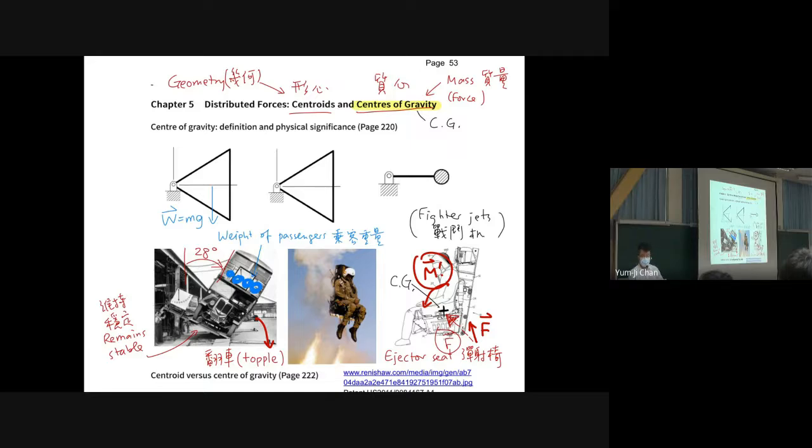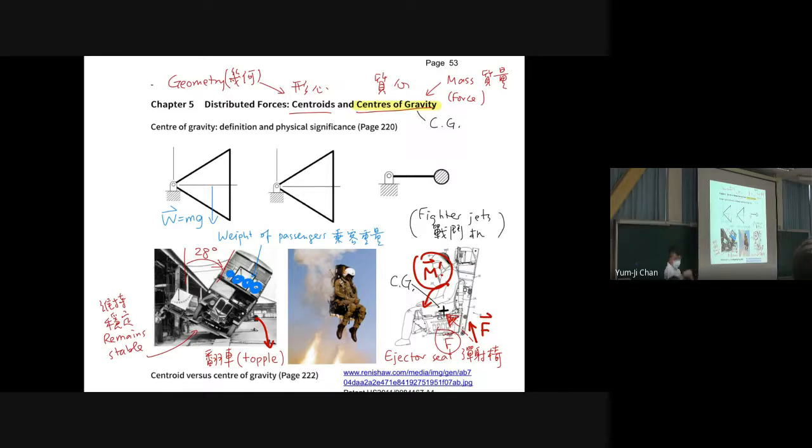If, for example, my mobile phone is like here, and I put a pin at this corner, a pin support here. What will happen if I just put one pin here? My phone will go this way, right?